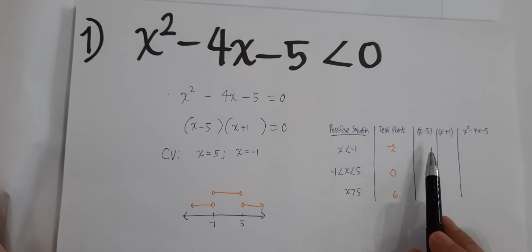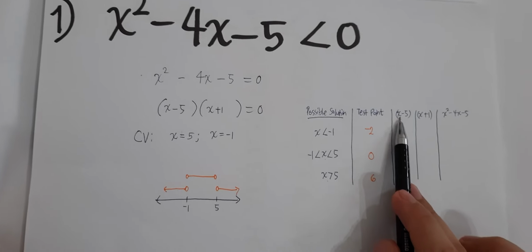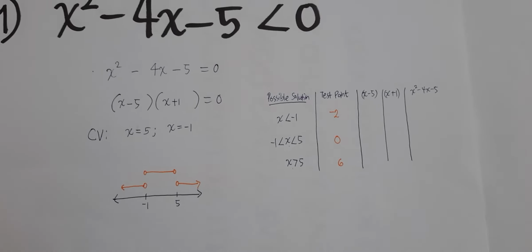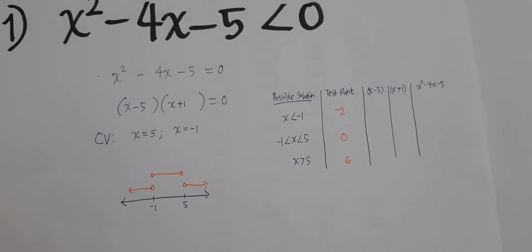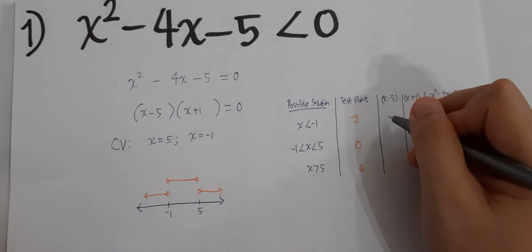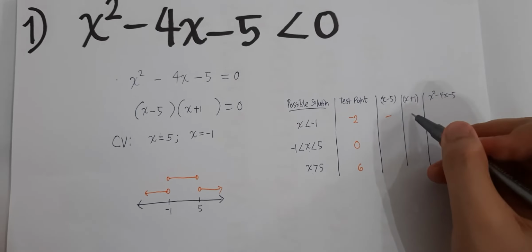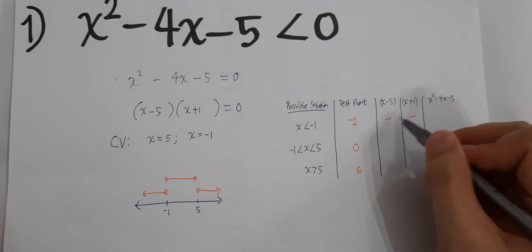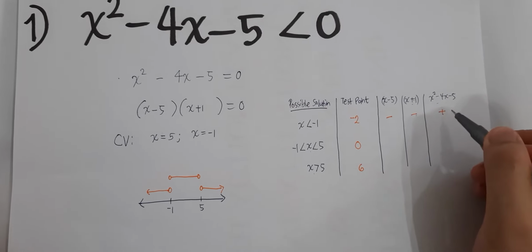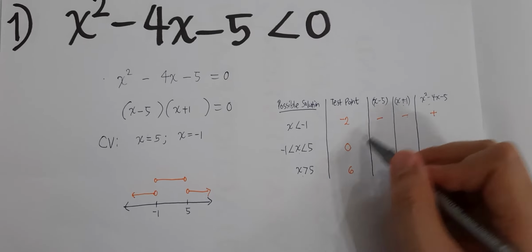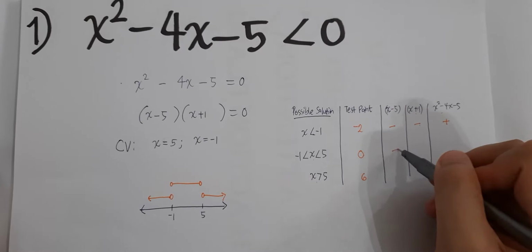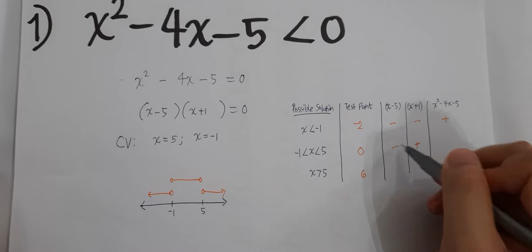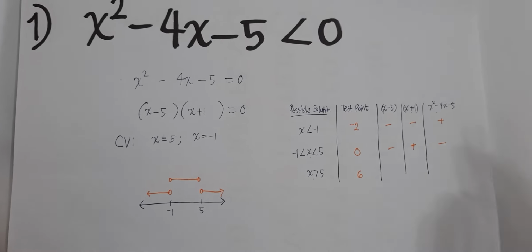So we will substitute. When I put minus 2 here, minus 2 minus 5 will give me minus. Here it is also minus. If you multiply these two, minus and minus will give me plus. If it's 0, minus here, plus here, multiplying will give me minus.